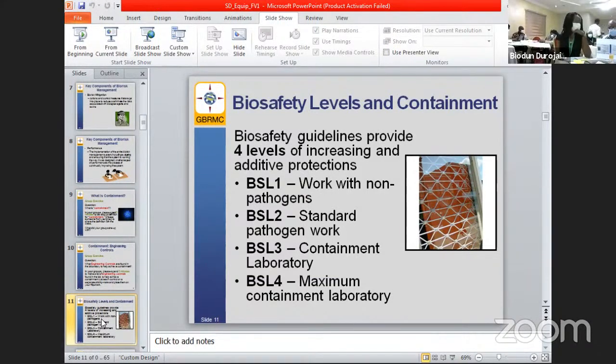Because we're really dealing with non-pathogens, there is still standard pathogen, and there could still be opportunistic pathogens. Somebody walking in this area and going to the other side has a tendency of carrying this pathogen to where it's not supposed to be. Because of that, I think there should be more demarcation between BSL1 and 2.